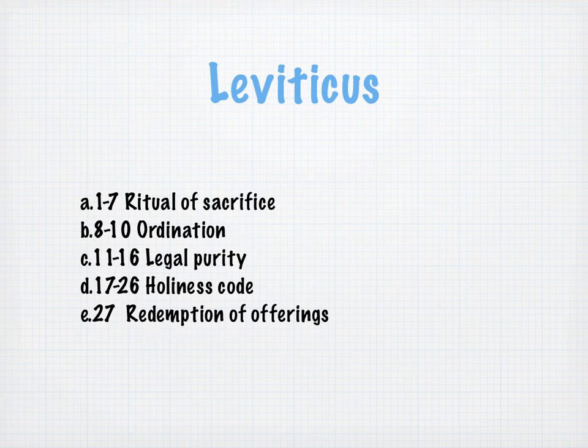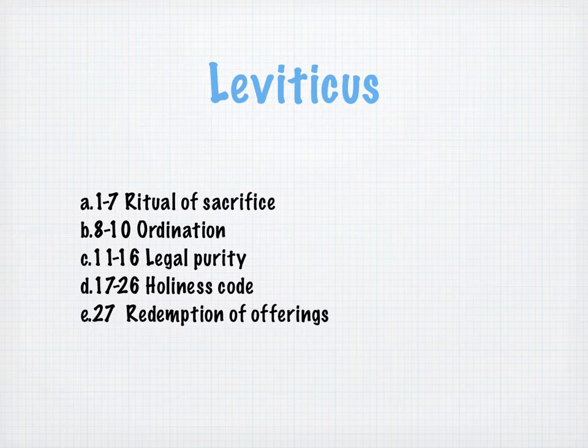Leviticus is named after the priestly family of Levi, and it deals with the details of priestly life and their role in the life of the people. The rituals of sacrifice and the different types of sacrifice that are to be offered.